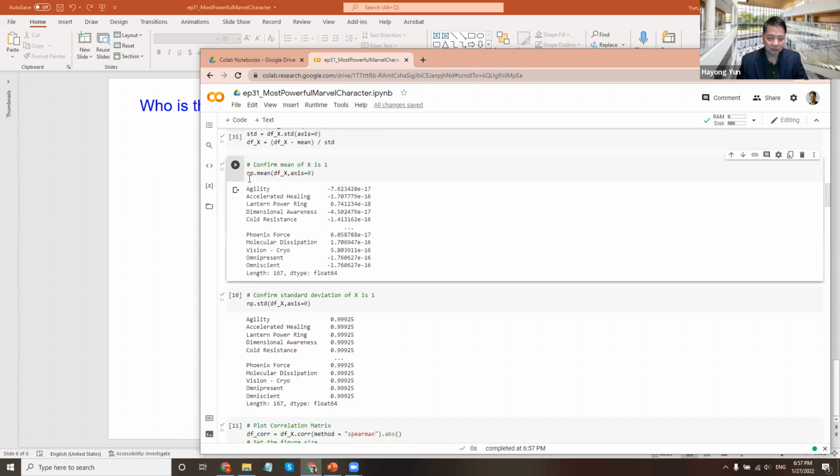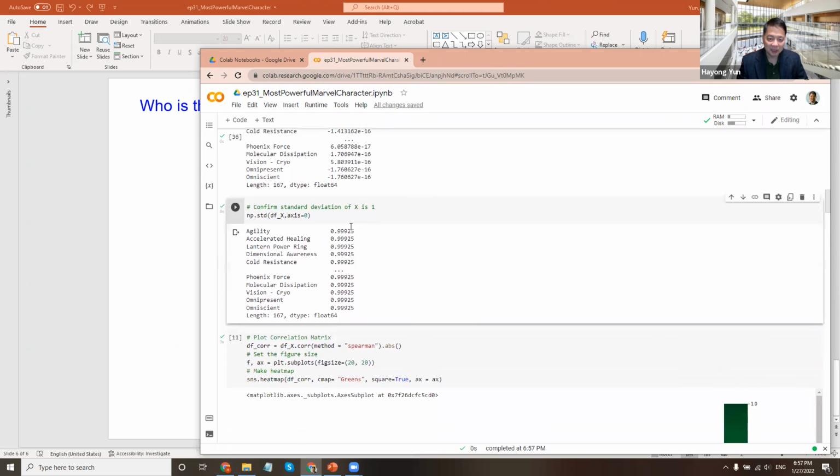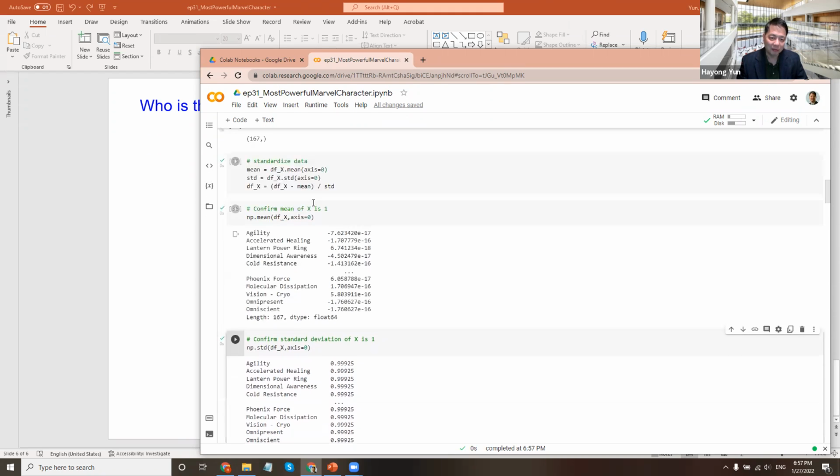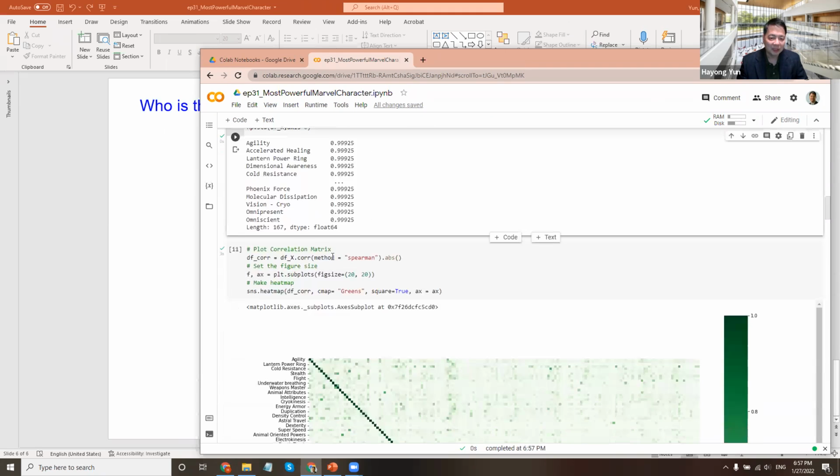Just to confirm, the mean of the DFX here is like 10 to the minus 17 of something, so it's close to 0. And the standard deviation is 0.999 something, so it's close to 1. Okay, so standard deviation 1, mean 0 variables now.